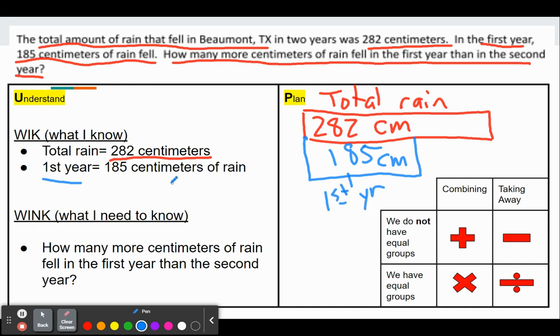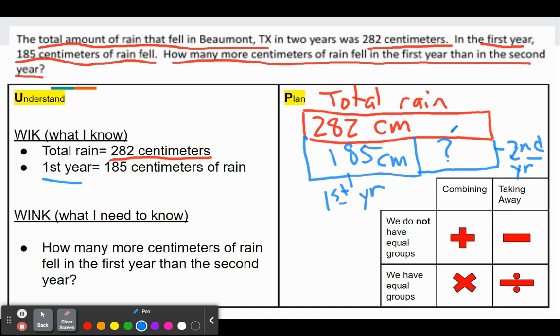Now, let's look at what I need to know. How many more centimeters of rain fell in the first year than the second year? So I have to figure out how much is in the second year. Do I know that information? No, I don't. So that is a question mark in our second year. Now I have to figure out what I need to do. Do I need to add, subtract, multiply, or divide? I'm looking at the total rain I had, and in the first year I had 185.